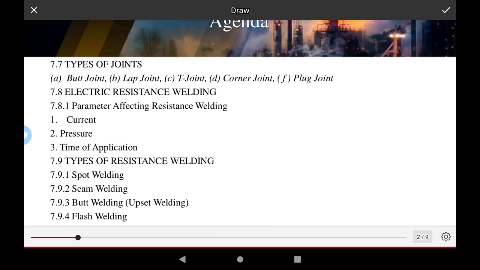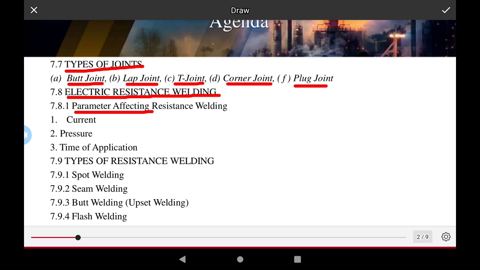Types of joint: butt joint, lap joint, T-joint, corner joint, and plug joint. Electric resistance welding is also present, and the parameters affecting resistance welding: current, pressure, time, and application.